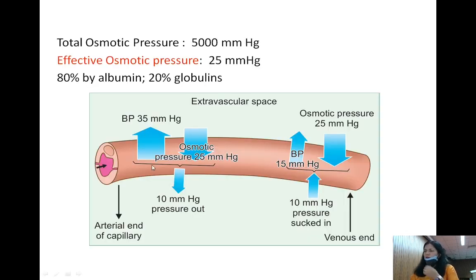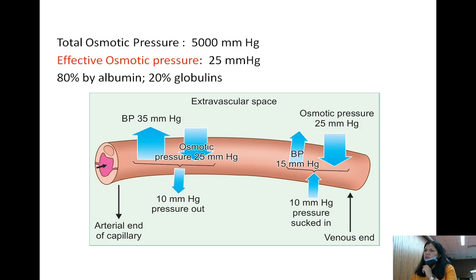So let us see what the role of albumin is in maintaining the oncotic pressure. Suppose this is a capillary, with the arterial end and the venous end. Towards the arterial end, the blood pressure is around 35 millimeters of mercury, and the oncotic pressure exerted by the plasma protein is 25 millimeters of mercury.